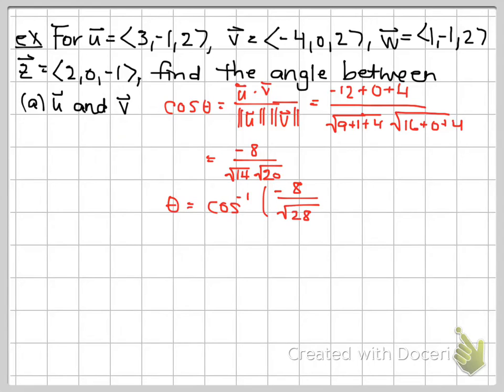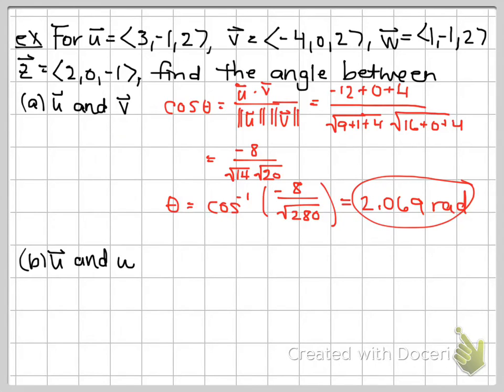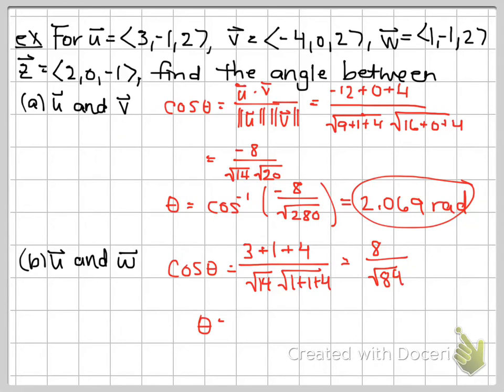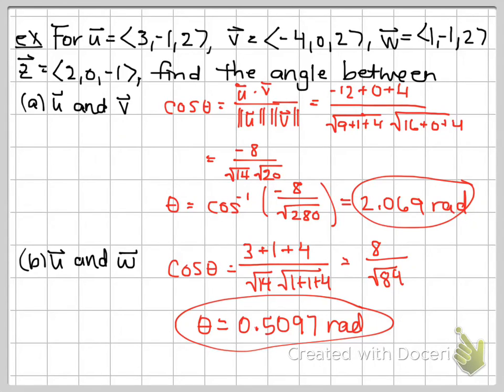So theta is cosine inverse of that, which is 2.069 radians. All right, let's try another one. Angle between u and w. Again, cosine of theta is the dot product of u and w over the magnitude of u times the magnitude of w, and so we get theta is 0.5097 radians.